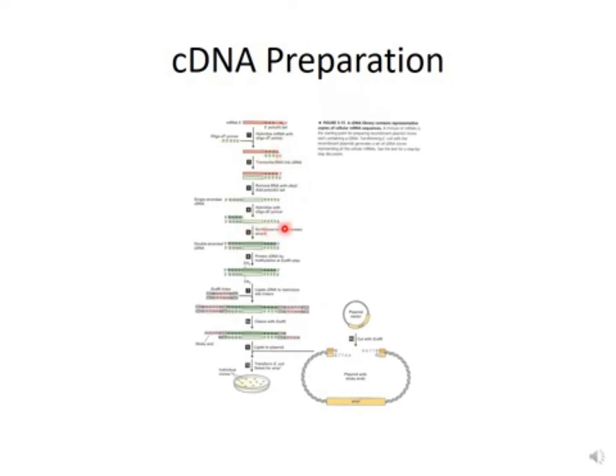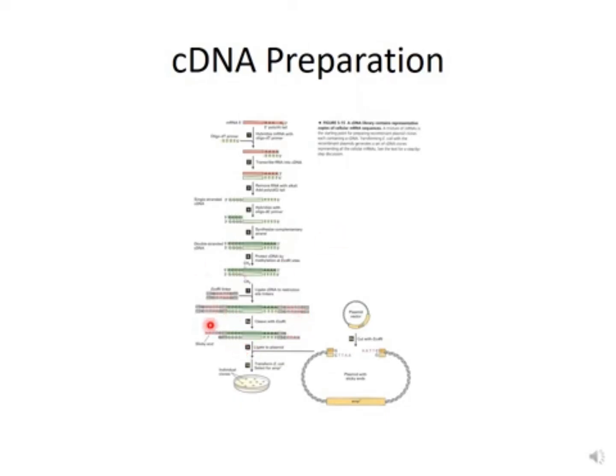So we synthesize the complementary strand, and then in order to prevent restriction enzymes from cutting certain sequences within the mRNA sequence, we methylate the site where a restriction enzyme could cut in the middle of the sequence, and then we ligate the ends of this double-stranded DNA to two equal linkers.